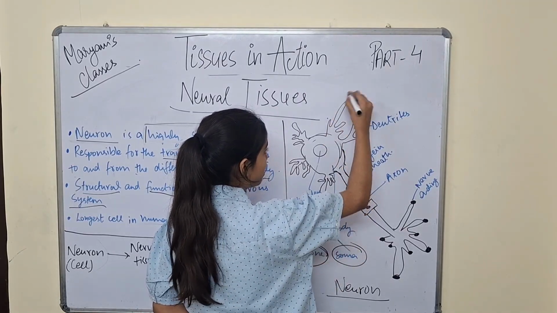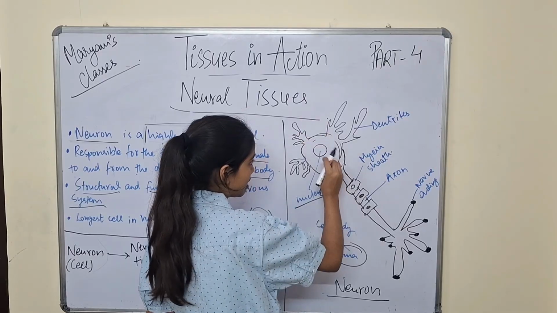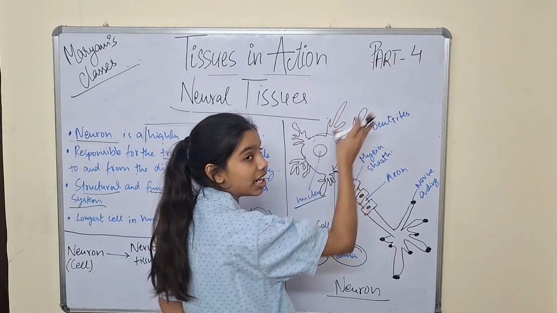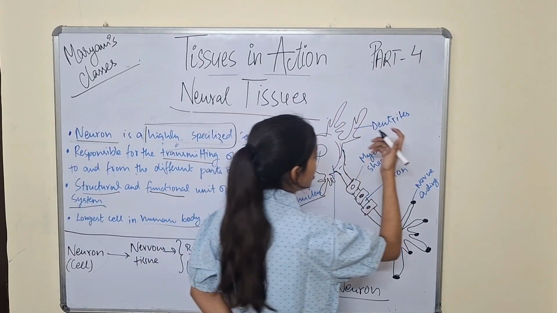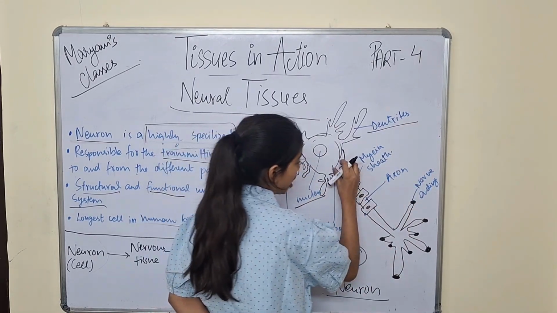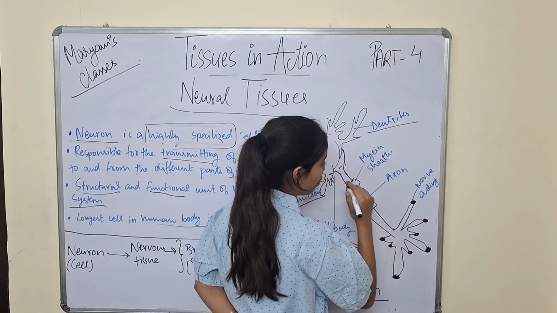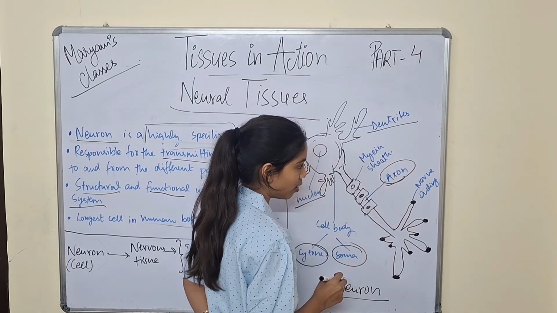Now you can see these branches, which are like the cytoplasm just branching. These branches are known as dendrites. Now you can see a stem like this. This stem is known as the axon.